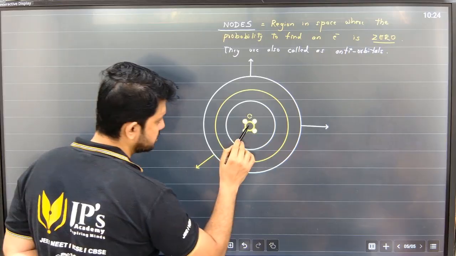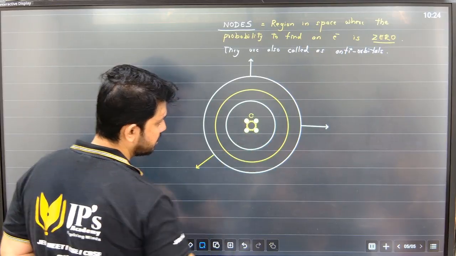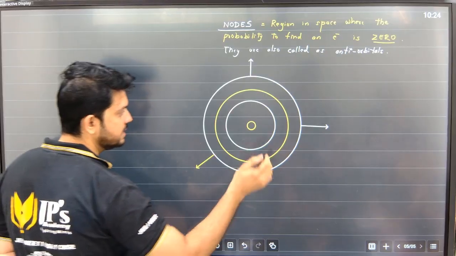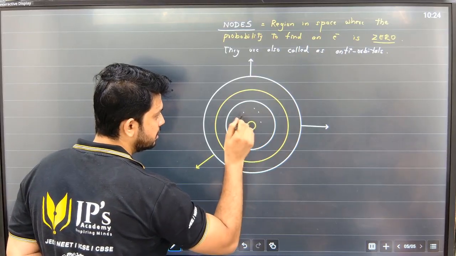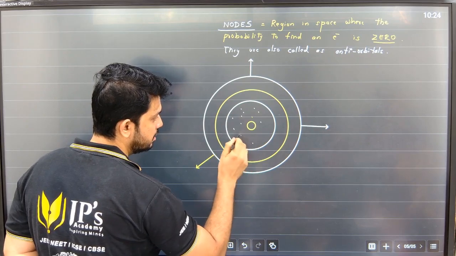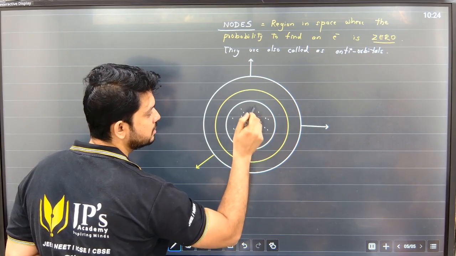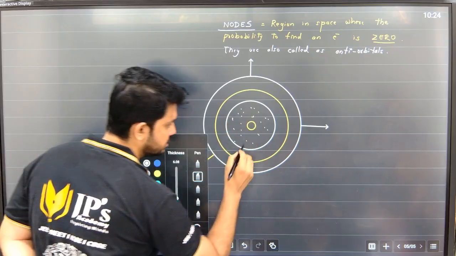This is your nucleus. So 1s के electrons somewhere in this region. I repeat, this is 1s.